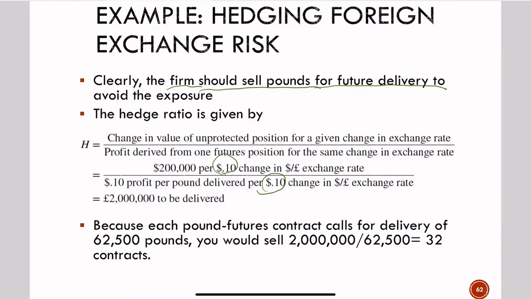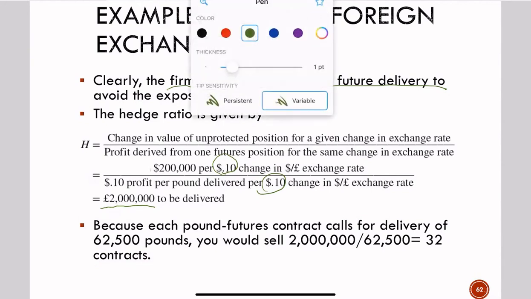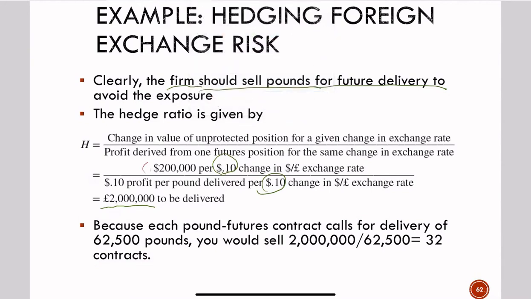So basically you can see that to hedge against this drop in your revenue, you need 2 million pounds, right? So it's essentially this $200,000 number divided by 0.1, right?